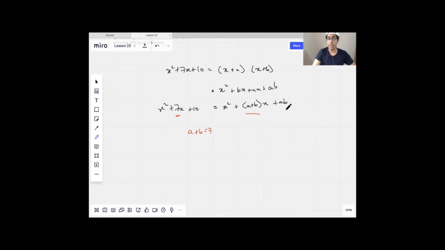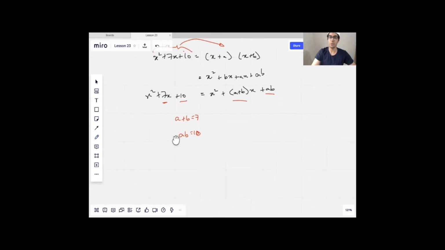And if we look at the ab term, ab equals 10. So if we want to get from this form into this form, we have to find two numbers, a and b, such that a plus b equals 7 and ab equals 10.